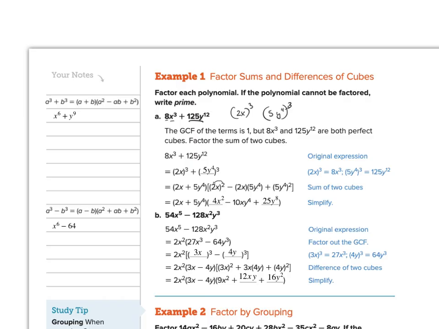The 2 is squared and the x is squared, so that's how they get 4x squared. Again, the 5 is squared and the y to the fourth is squared. That's how they get 25y to the eighth. And it's simplified. In this respect, this is done. We've factored it as much as the sum of cubes will allow us.